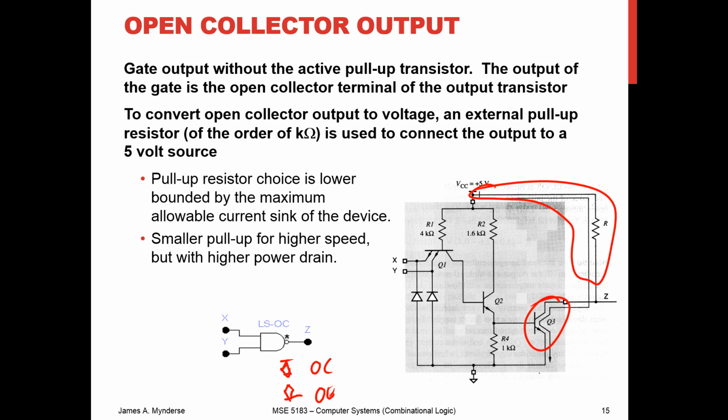Well, that's going to be dependent on the current sink of the device. So you need to know, again, your spec sheet, what's the current sink? Choose a resistor that's going to be appropriate so you don't exceed that. And also that particular one may be a different rating than the rest of the chip, so be very careful to look at your spec sheet and see what the current sink is for that particular transistor.